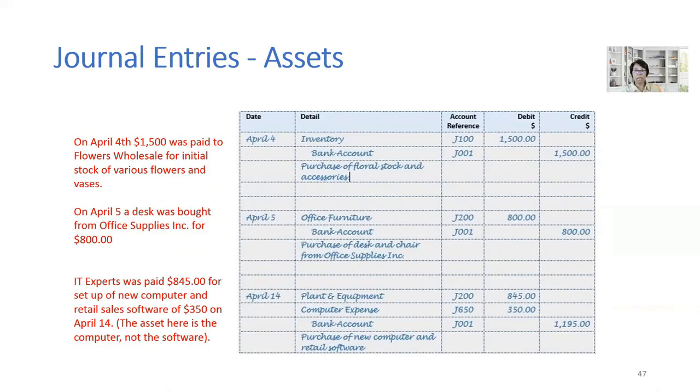But I like you to know what's happening behind the scenes, because if you just stayed as an accounts payable clerk or an accounts receivable clerk, you would never have to know journal entries. But there will come a time where you want to be promoted to the supervisor, right? And the supervisor, the bookkeeper, needs to know how to make journal entries. So that's why it's good to know what's happening behind the scenes.